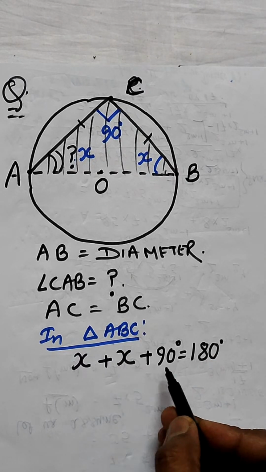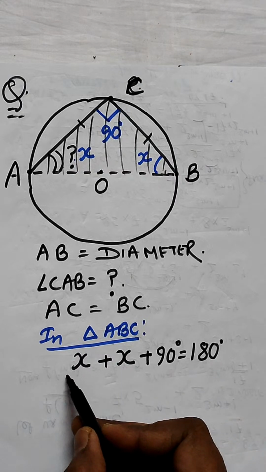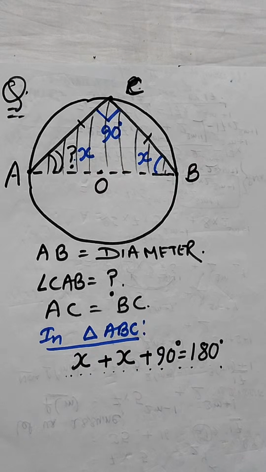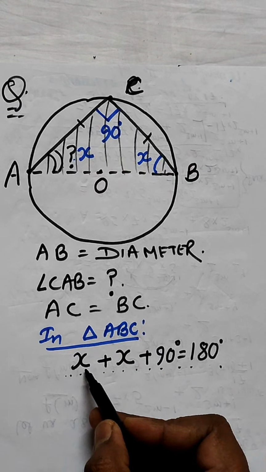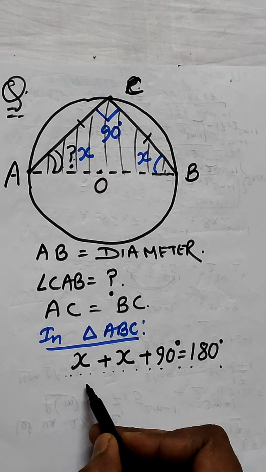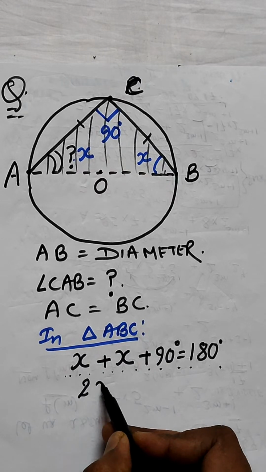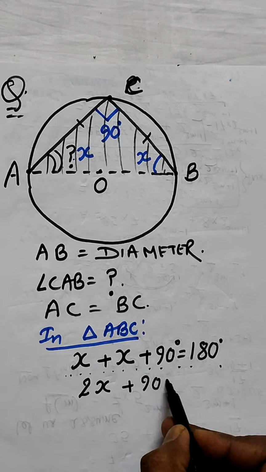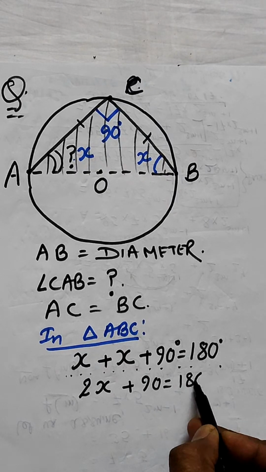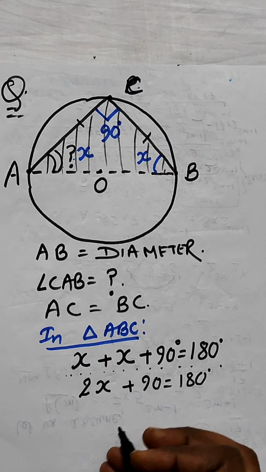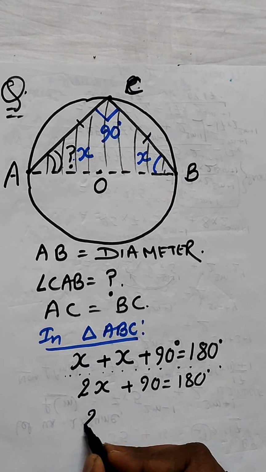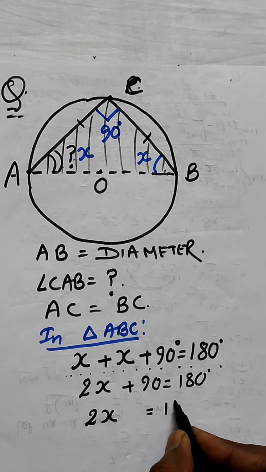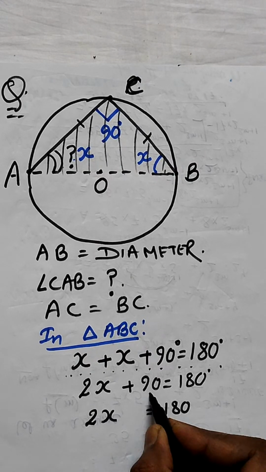You can see this is a linear equation in one variable where x is the variable. Now x and x will add up to get 2x plus 90 is equal to 180, right? And 2x will be left on the LHS, and on the RHS 90 will go from the LHS.